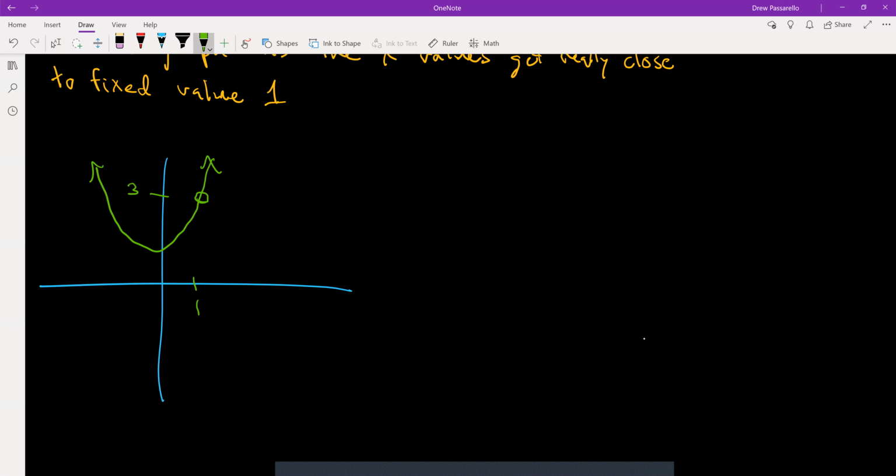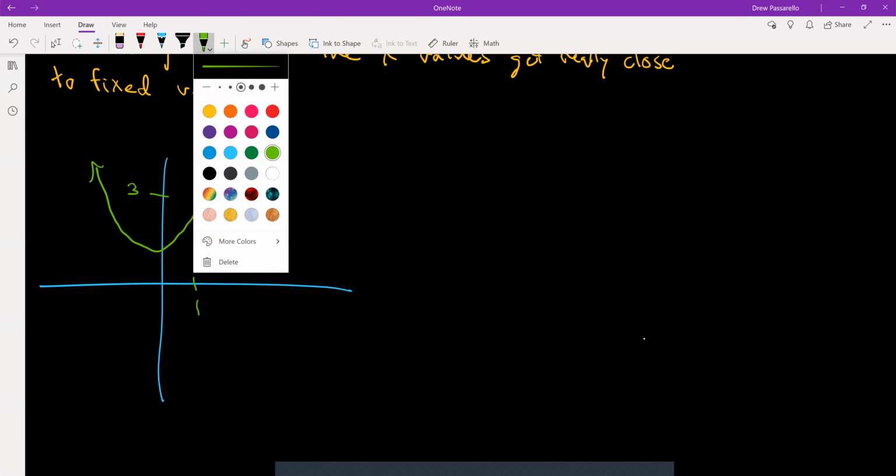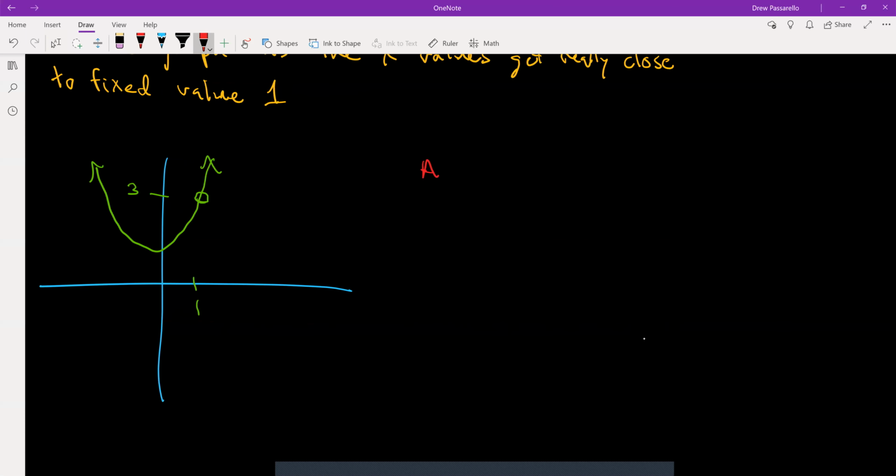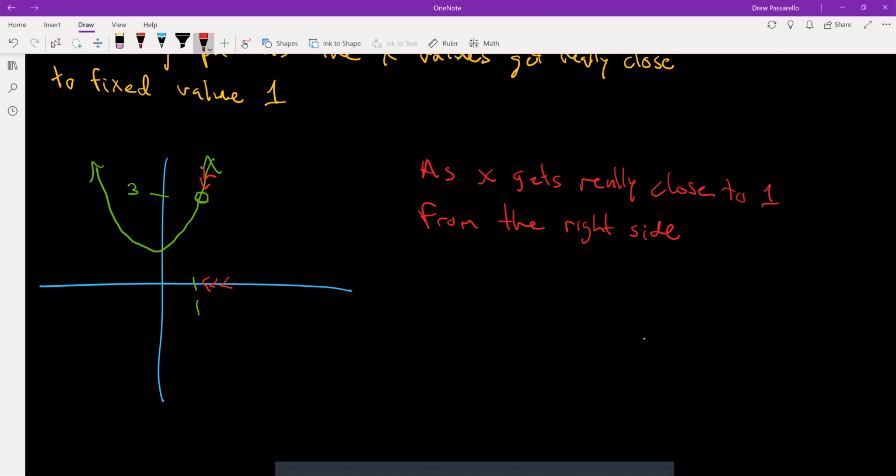And like we said, there's that hole in the graph at 1, 3. So as x gets really close to 1 from the right side, the y coordinates that correspond to these x values are getting really close to that hole.